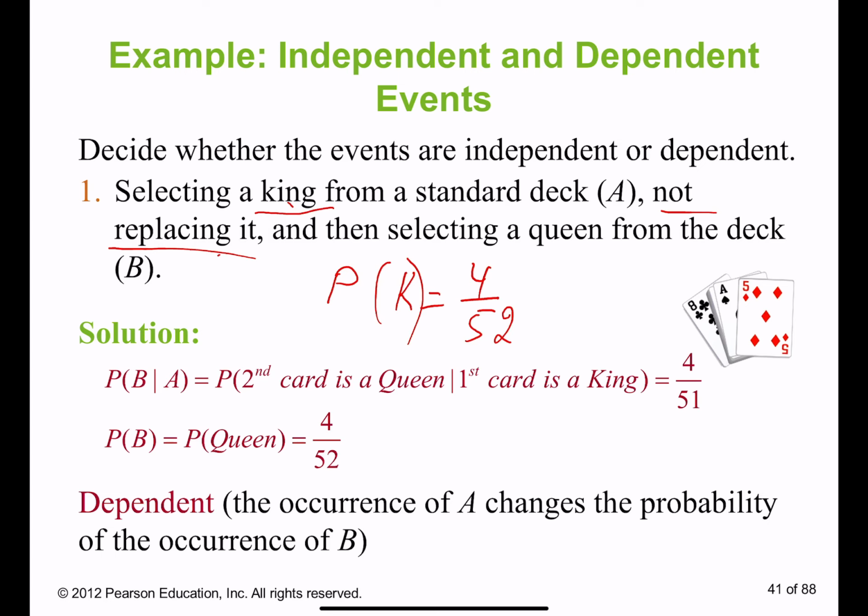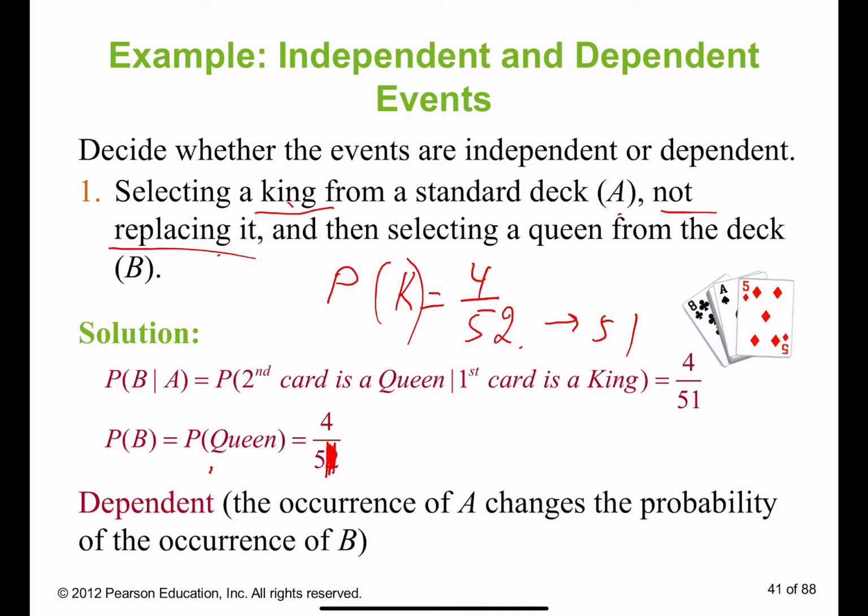Selecting a king from the standard deck, not replacing the king, and then selecting a queen from the deck. So if we take a king, 4 out of 52, we are not replacing, which means a total of 51 is left. Then the queen, it's going to be 4 out of 51.